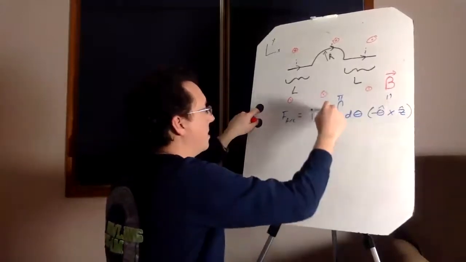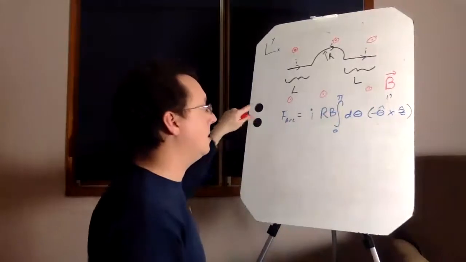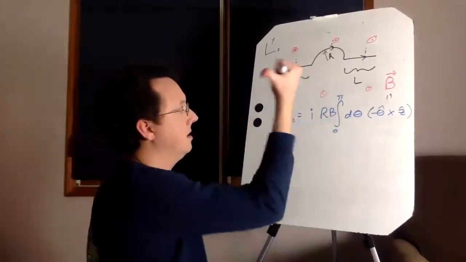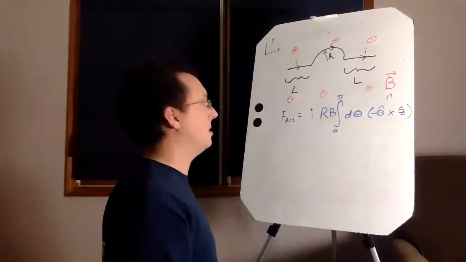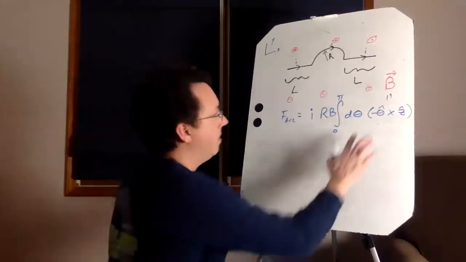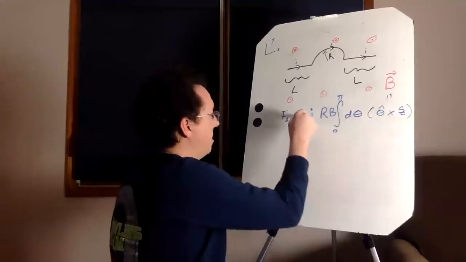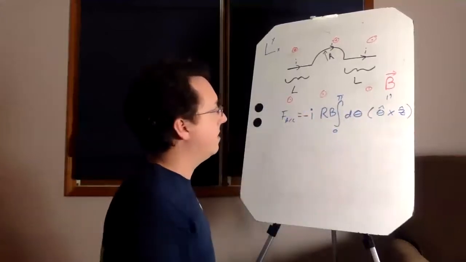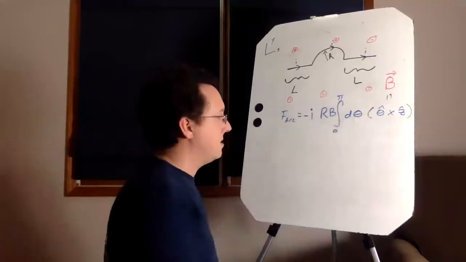And I'll go ahead and pull out the constant magnetic field B. It is positive because I said the magnetic field was out of the board, which would be the positive z direction. Okay, well, and I could go ahead and pull this minus sign out front. That's easy enough. And I have to evaluate theta hat cross z hat.